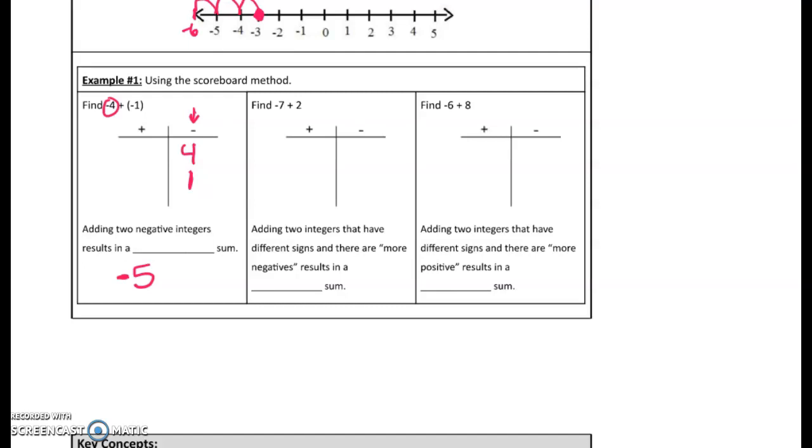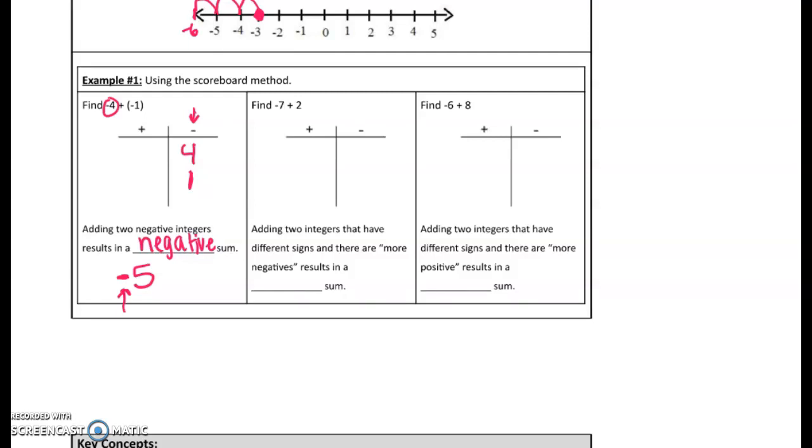So adding two negative integers results in a negative sum. I spelled negative wrong, we'll add the I in there. So the negative team scored 4 points, then they scored one more, so now the negative team, which is why we have the negative here, has a total of 5 points.